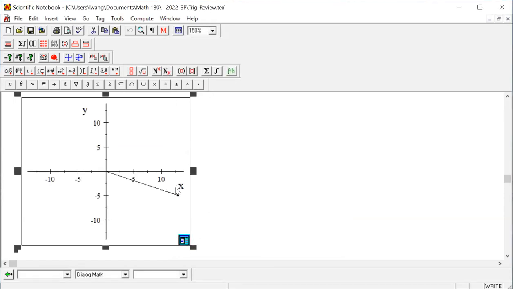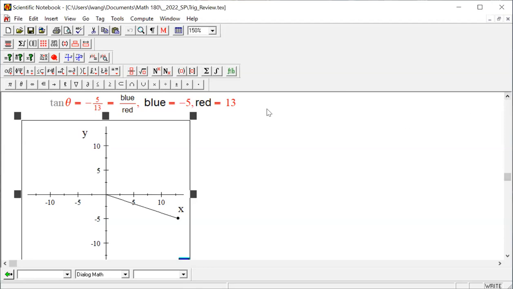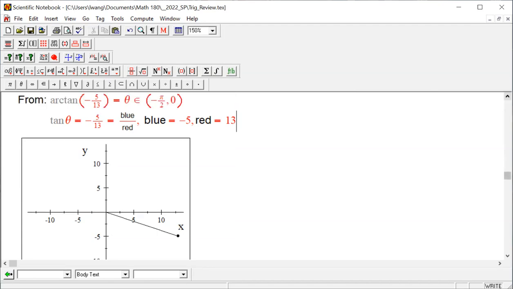So this is not actually the usual 5, 12, 13, because these numbers are not 5, 12, 13, since the red is 12, right? So what is going to be the hypotenuse?